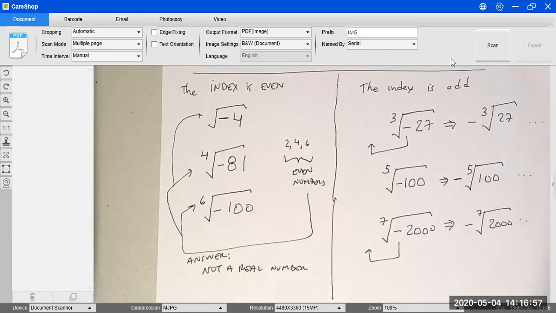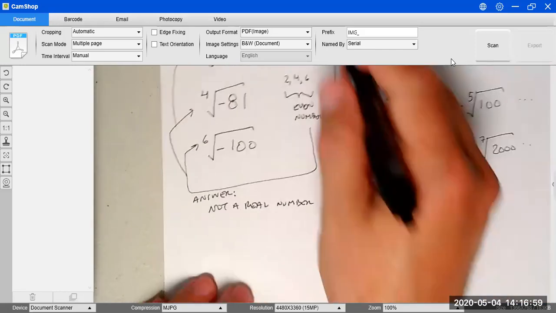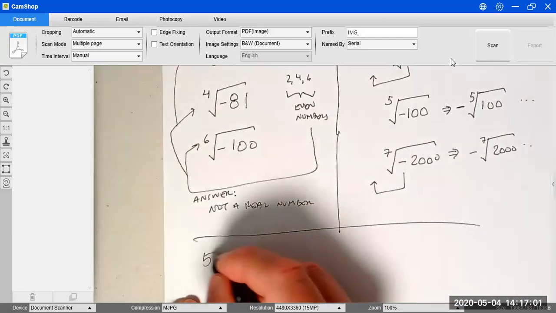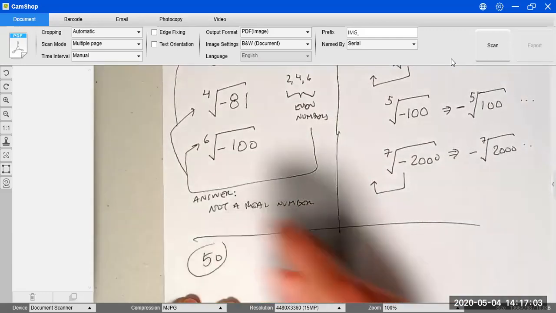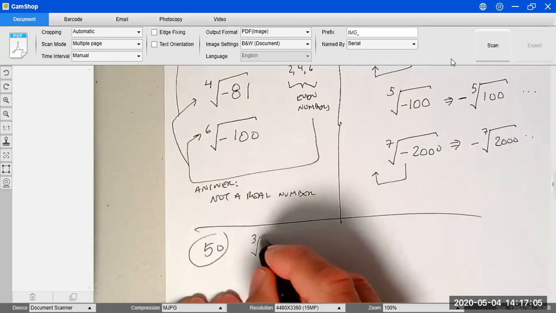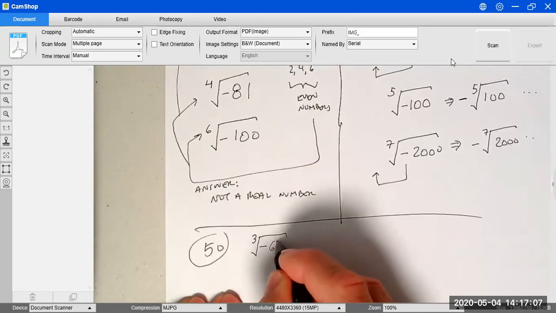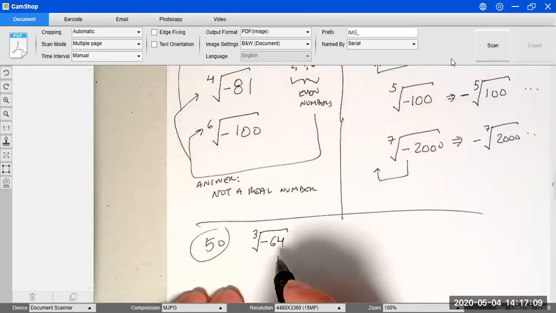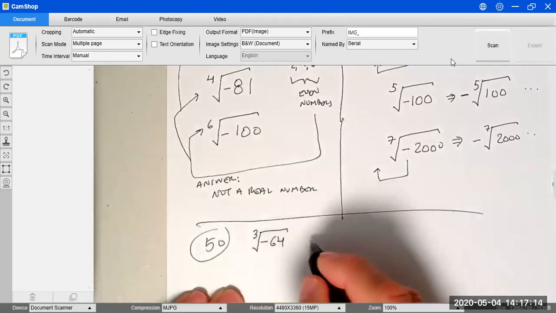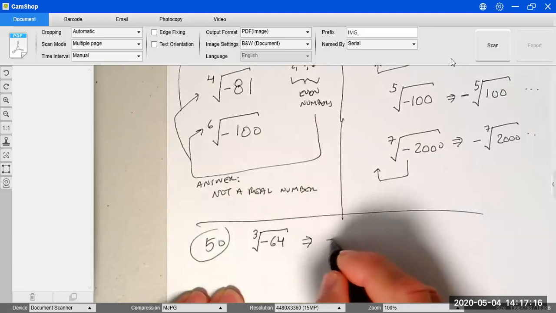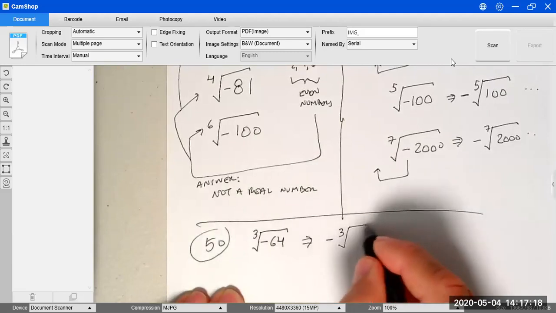So in the case of problem 50, this one that is here, you have a negative radicand. So the first thing that you're going to do is move this sign out of the radicand. So you're going to write negative the cube root of 64.